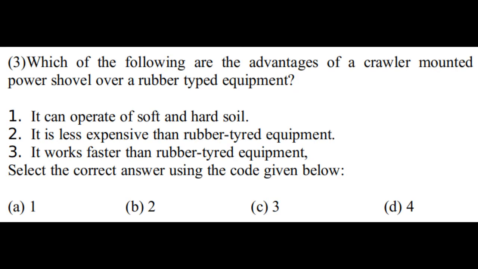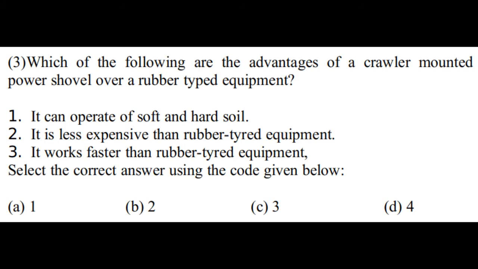Let us have a look at question number 3. Which of the following are the advantages of a crawler mounted power shovel over rubber tired equipment? 1. It can operate on soft and hard soil. 2. It is less expensive than rubber tired equipment. 3. It works faster than rubber tired equipment. Select the correct answer using the code given below.